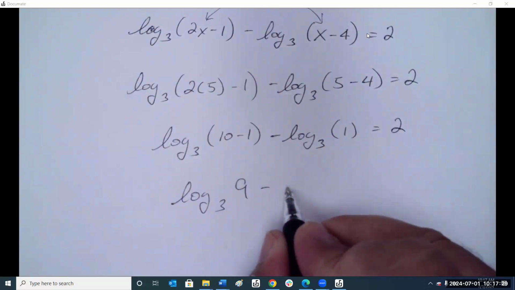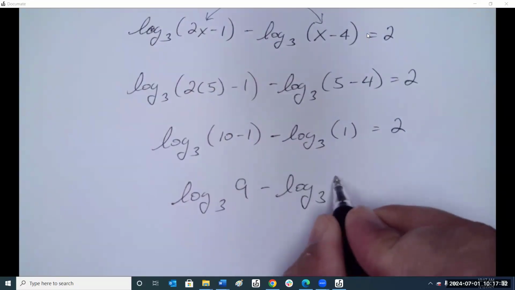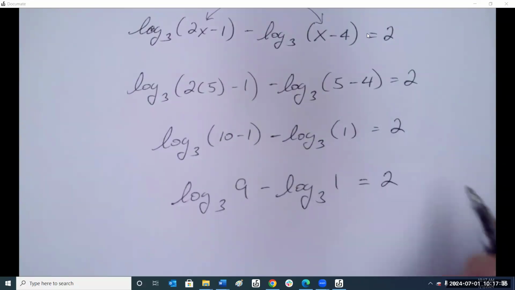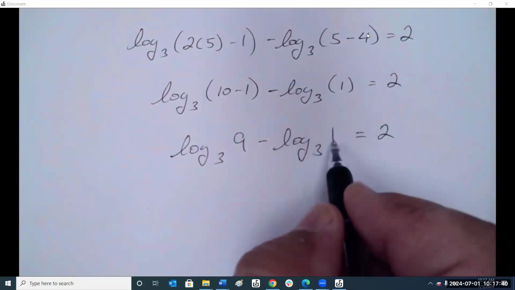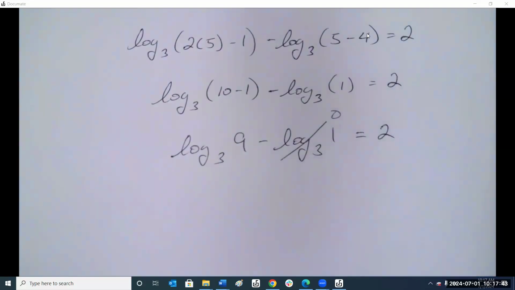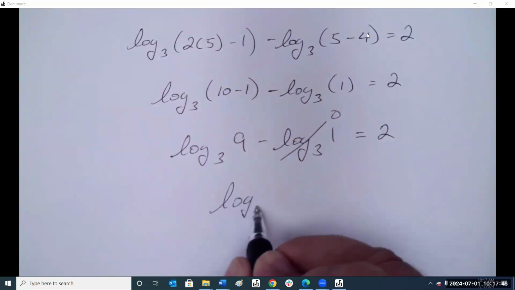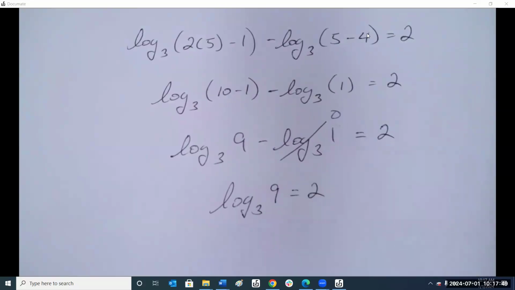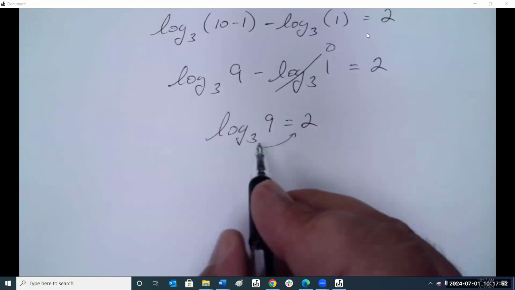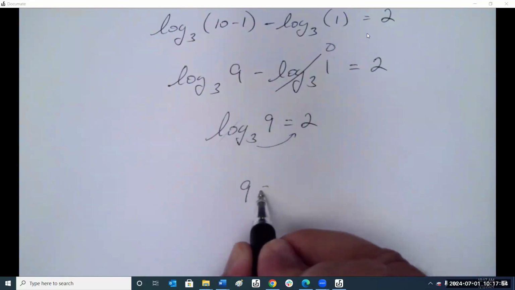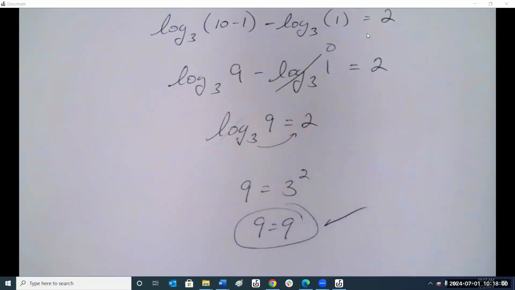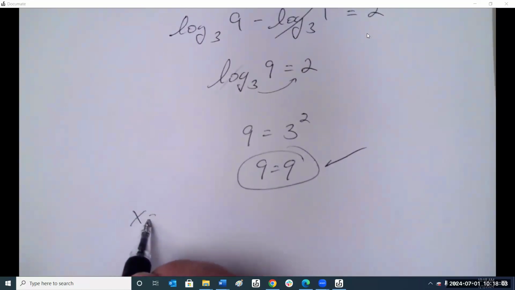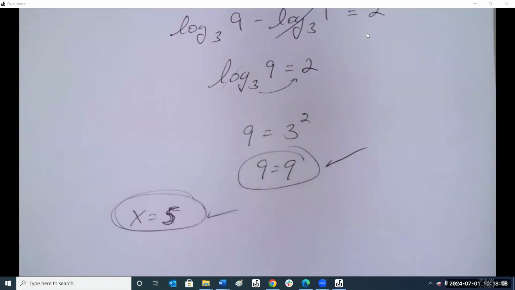Log base 3 of 9 minus log base 3 of 1. We know that log base anything of 1 is equal to 0. So we have log base 3 of 9, which is equal to 2, since 9 is equal to 3 squared. So x equals 5 is a solution.